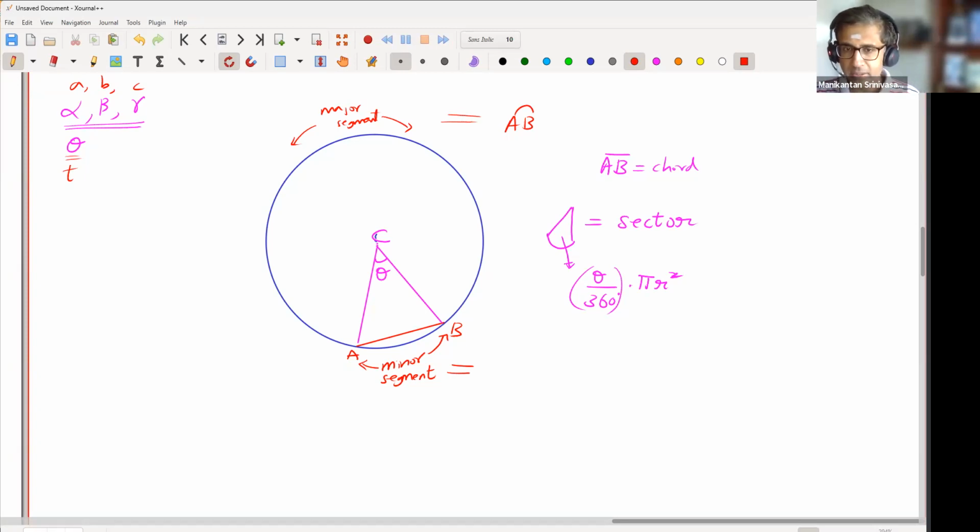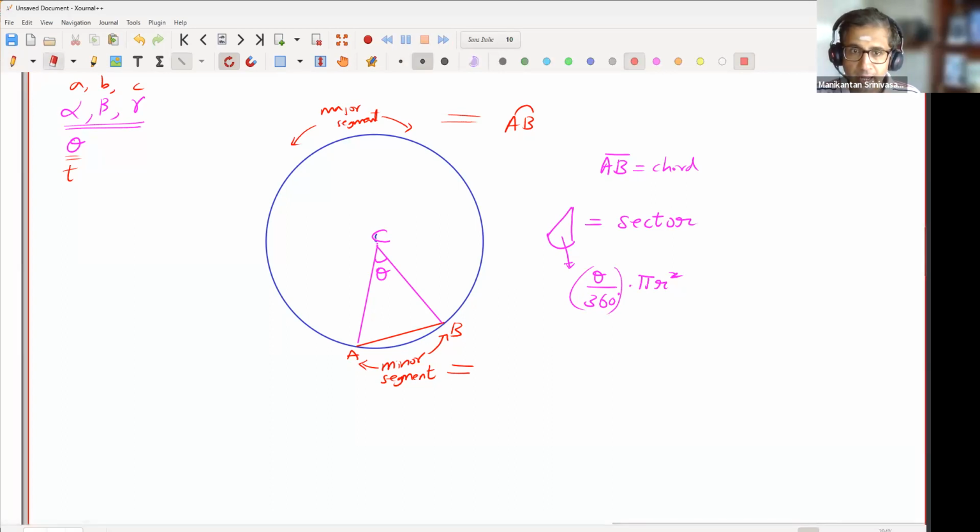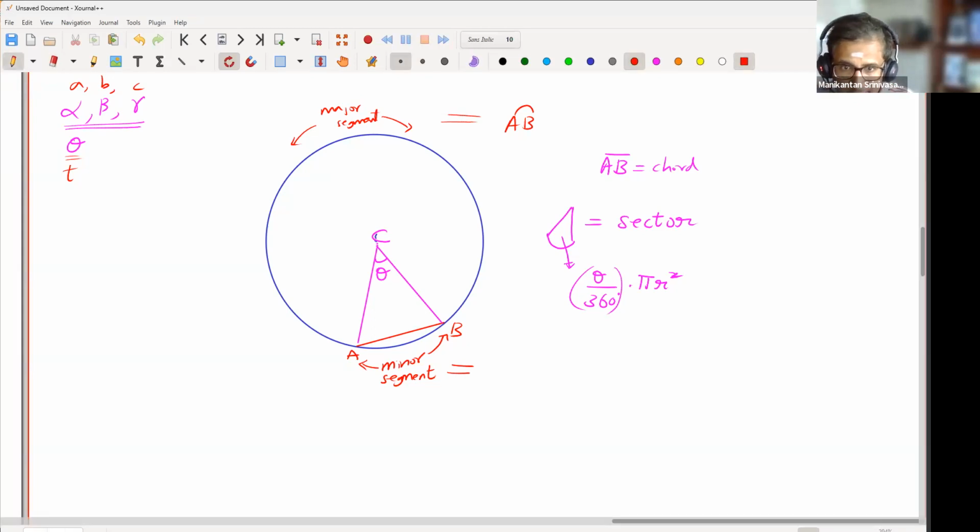So that's a sector. Now, when I say segment, there are ways to look at the segment. One is the arc itself, which is also called a segment. And sometimes this section is also called the segment.